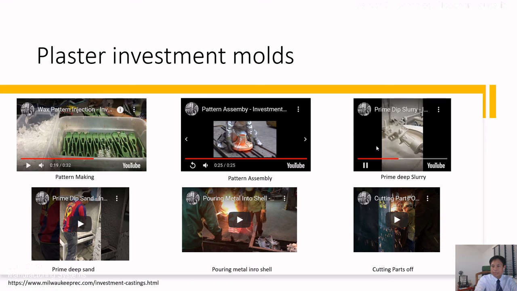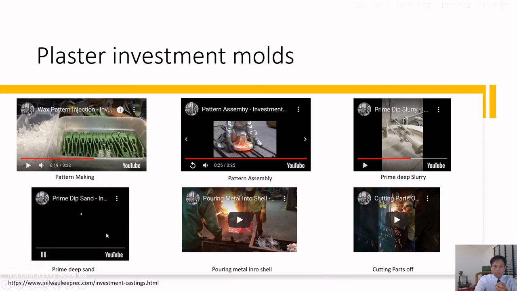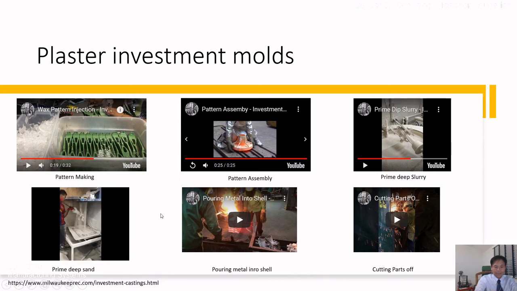This creates a thin layer around the object, and then adding some sand into the slurry. Sand reinforces it against the hot molten metal.